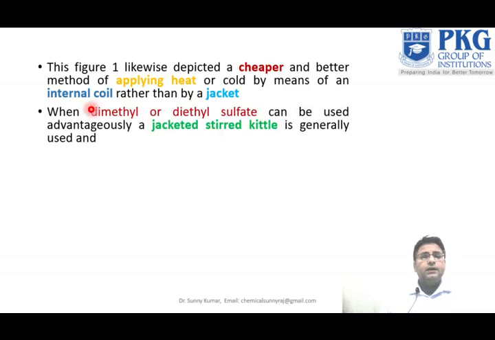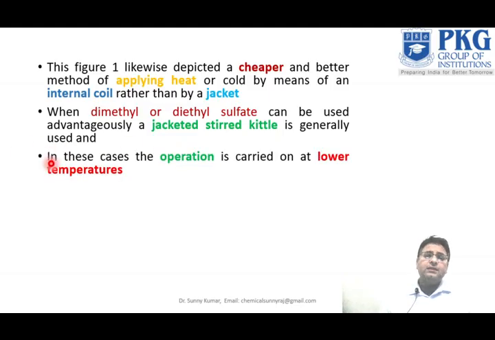When dimethyl or diethyl sulfate can be used advantageously, a jacketed stirred kettle is generally used, and in these cases the operation is carried out at a lower temperature.